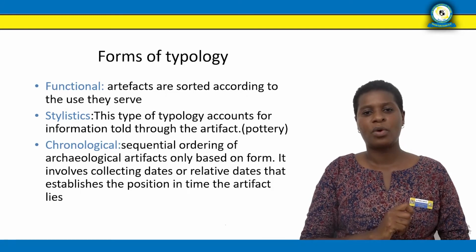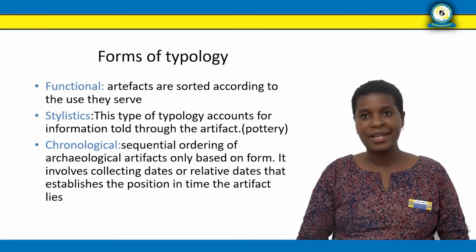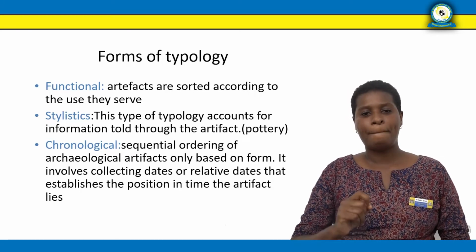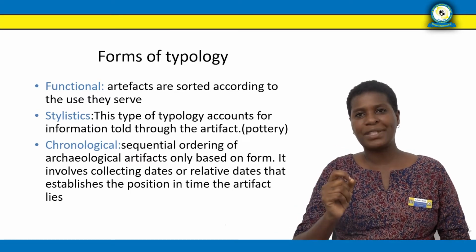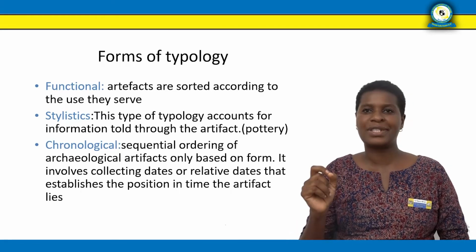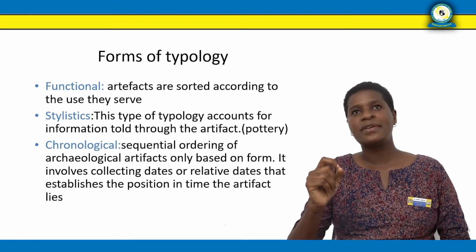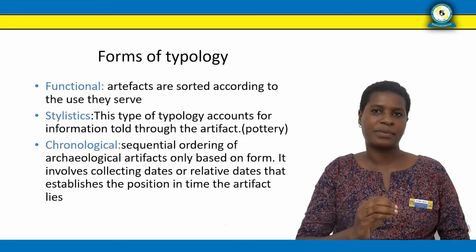Another aspect of classification through typology is stylistic typology. In this type of typology, you group the materials according to the styles which are found within those materials. An example is, let's say you have excavated and come across pottery sherds.